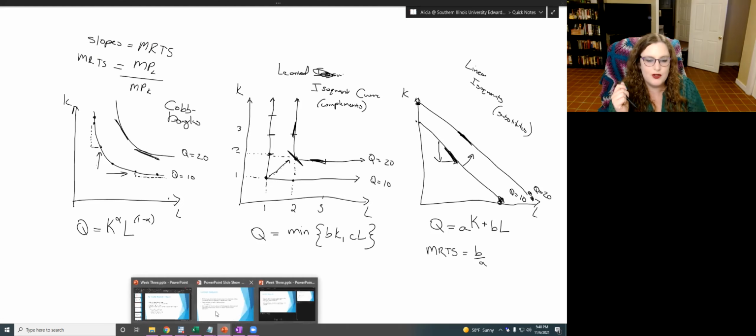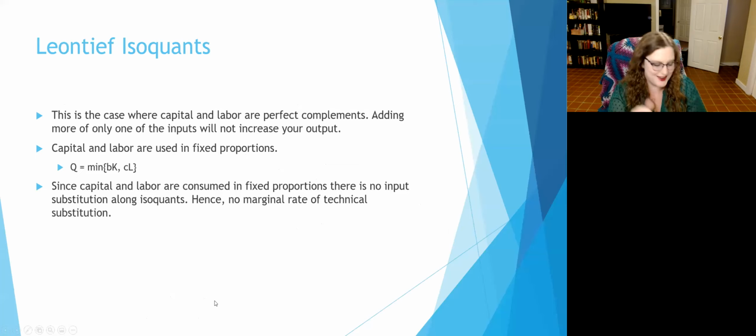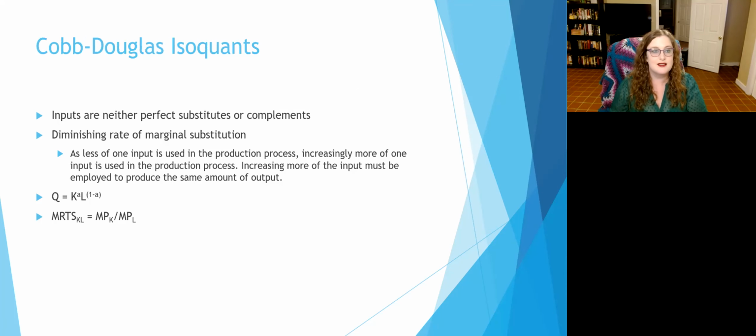Okay, now I wonder if y'all are getting Calc 2 flashbacks at this point. So on the Leontief, since capital and labor are consumed in some sort of fixed proportions, there's no input substitution along the isoquant. There's no marginal rate of technical substitution between 4 laborers and 1 machine and 3 laborers and 1 machine, right? You're still producing the same amount of goods.